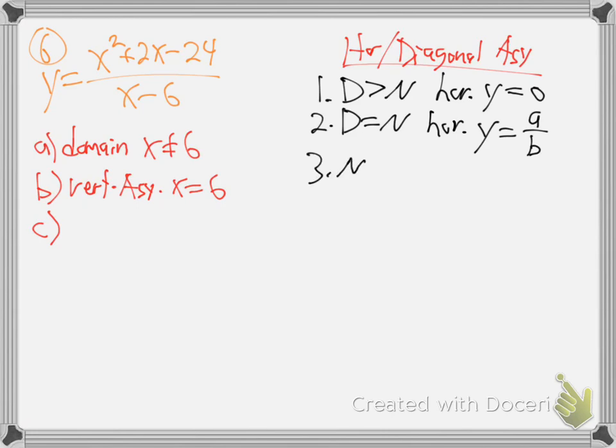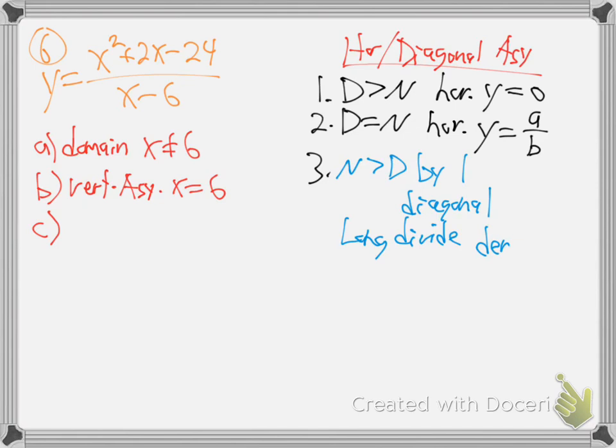And the weird case is if the numerator is bigger by 1, then it's a diagonal. And how you find it is long divide the denominator into the numerator, and up here you'll get your mx plus b as the answer to the long division. And I'll show that now on this problem.